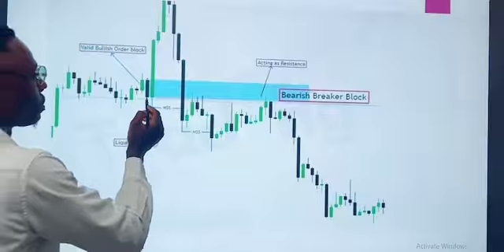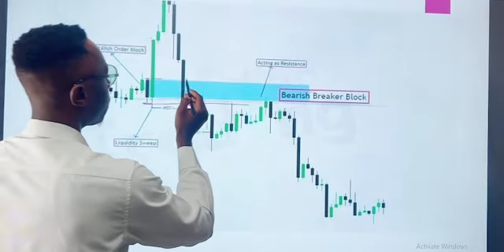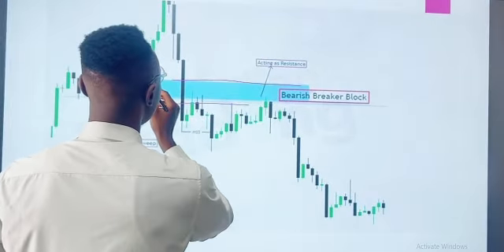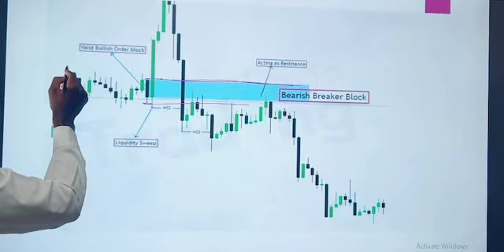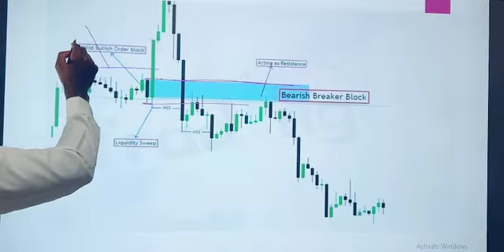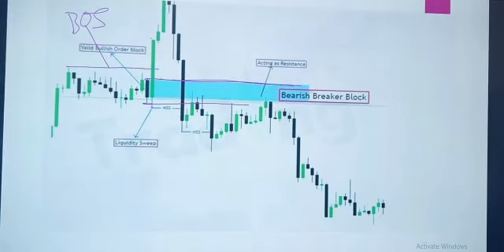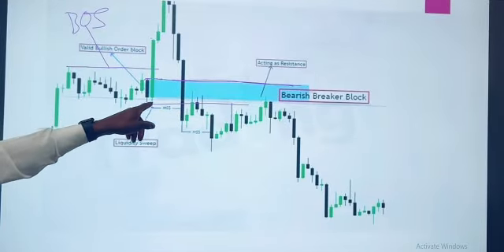Demarcate our order block zone, from this level to this level. That is the green line. And what makes it a valid order block? We have a market structure shift here, or break of structure, sorry, BOS. So this BOS makes this a valid order block.